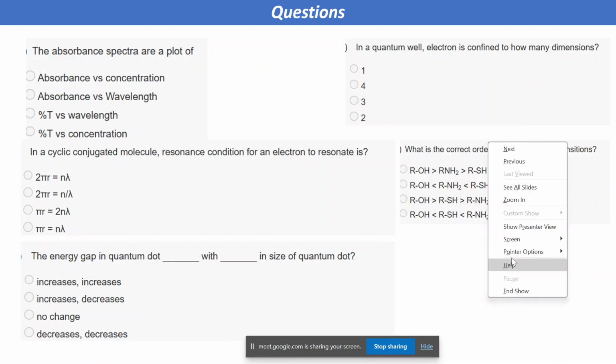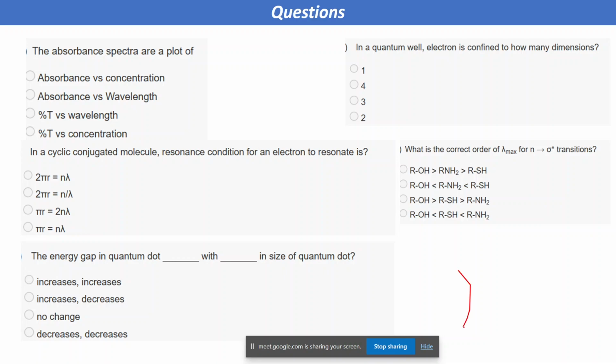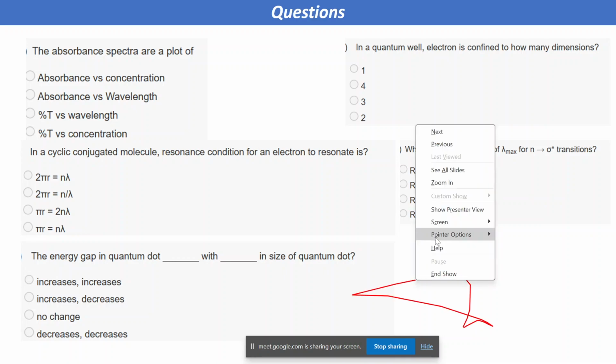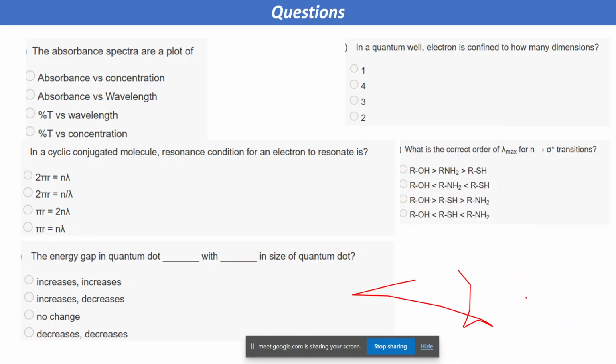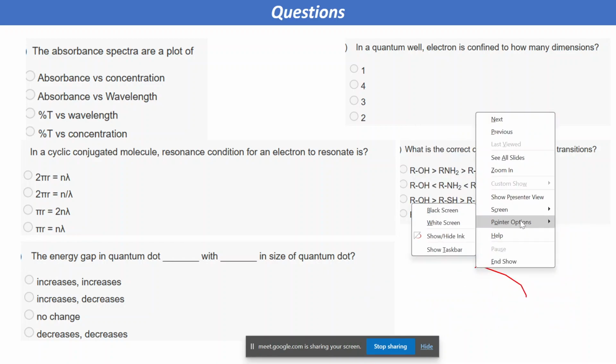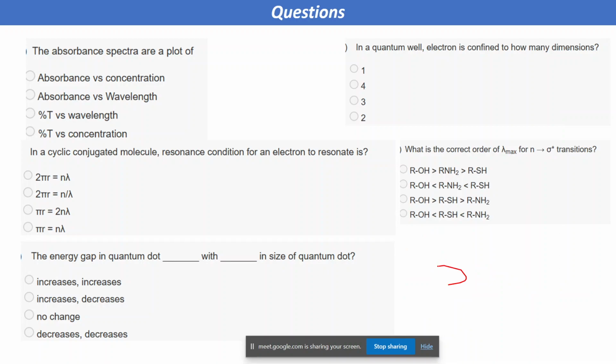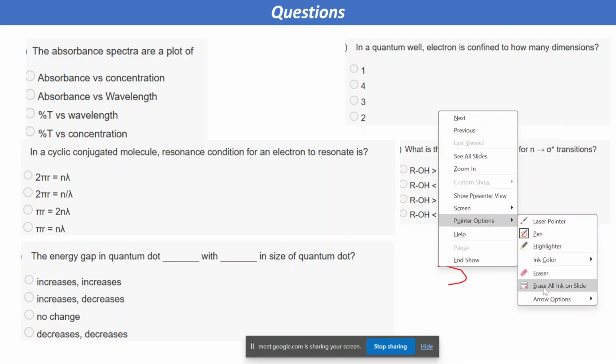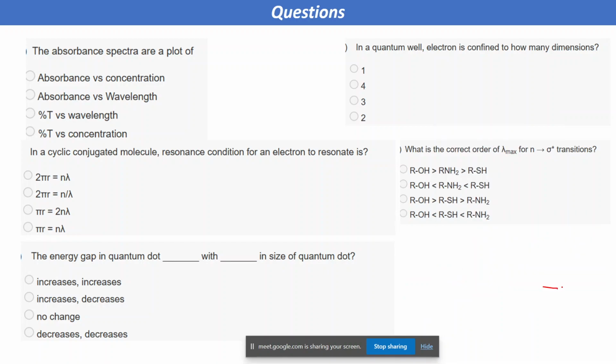It goes sigma, then pi, then non-bonding orbitals of the p orbitals, then pi star, then sigma star.